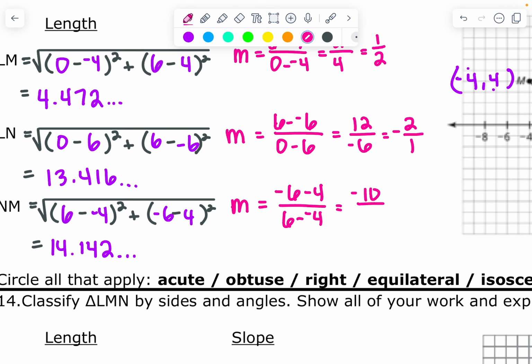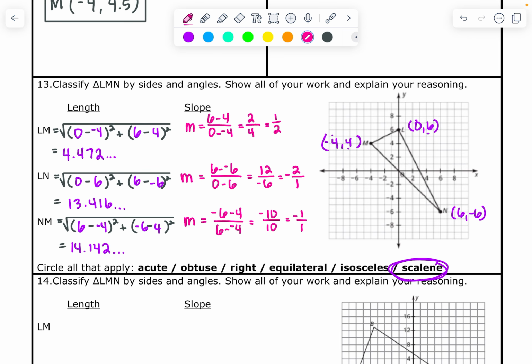So that's -10 over 10, which is -1 over 1. All right, so I see that we have negative reciprocals here and here. That's perpendicular, which means that's a right angle, which means that's a right triangle. And this one is just out by itself. None of the slopes are equal because none of the sides can be parallel in a triangle.